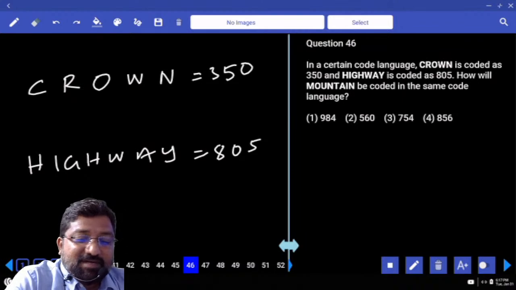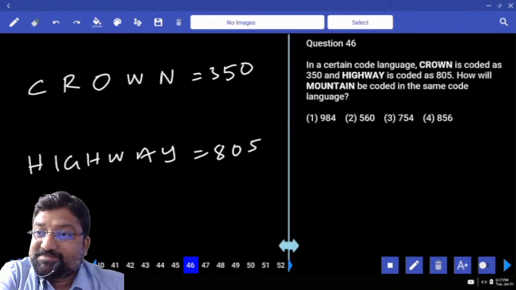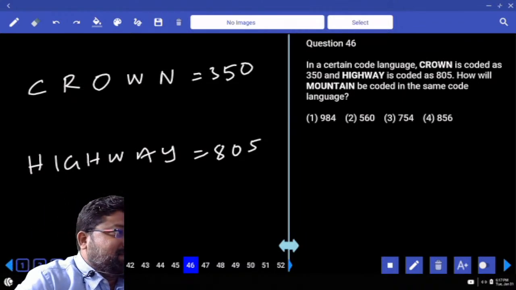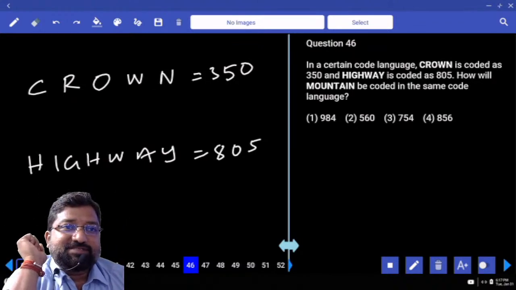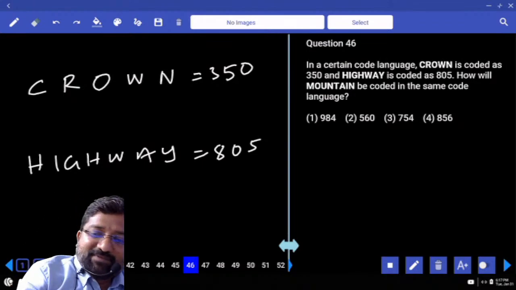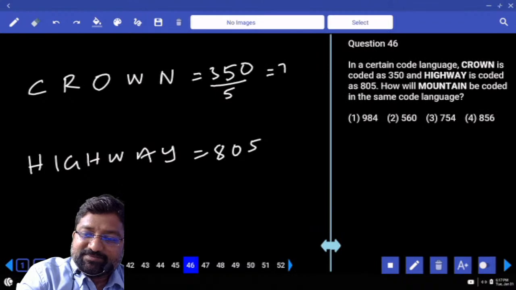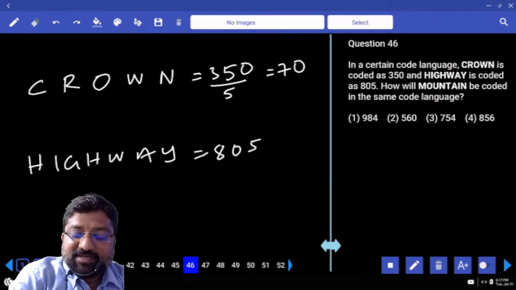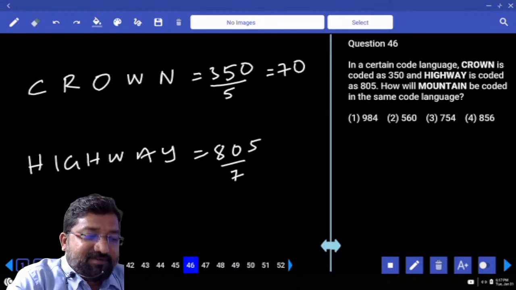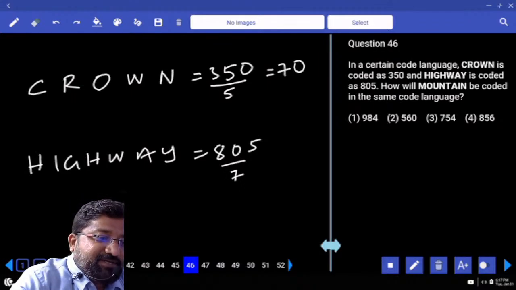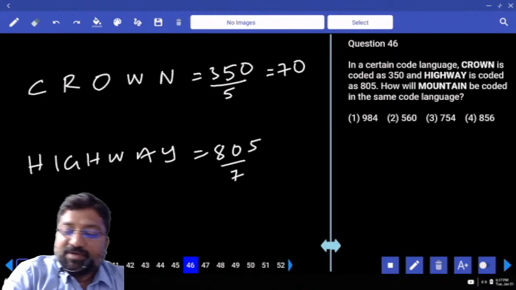Why did I say 7? The number of letters is 7. Why did I say 5 above? The number of letters is 5. If I divide this number by 5, what will I get? 70. If I divide this number by 7, because the number of letters is 7, 805 divided by 7 is 105.